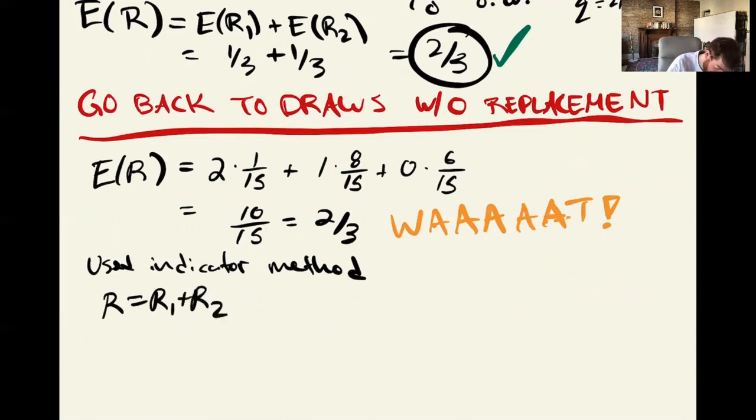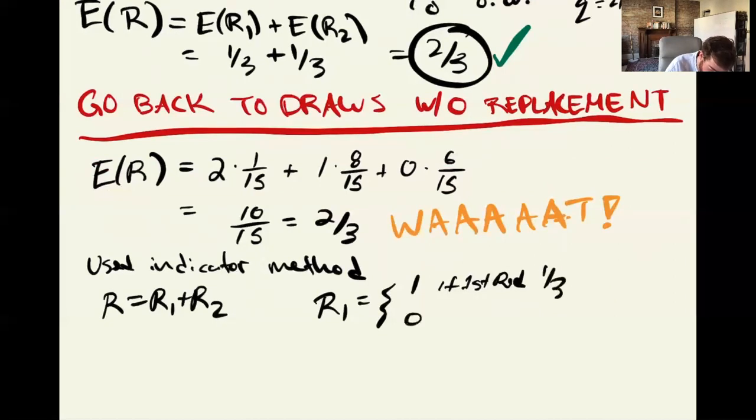Now, what's the probability of the first ball being red? Well, it's 1 if first red. We already know that that's a third. That makes good sense, and then 0 otherwise. Now, what about R2? So here I'm not replacing, but I also don't know what happened before.